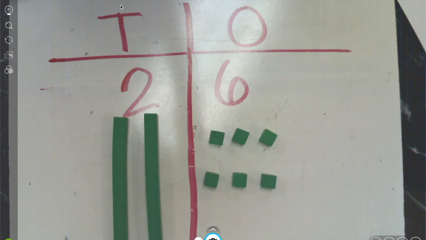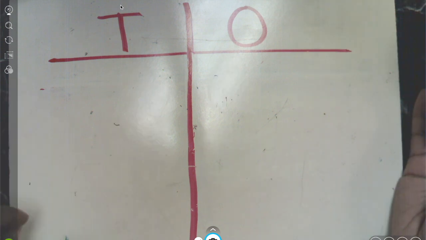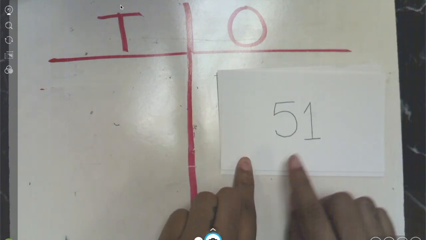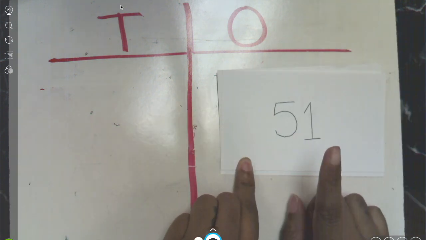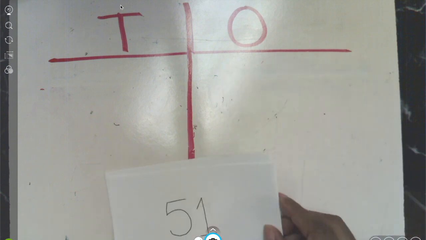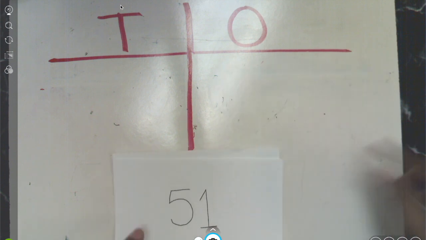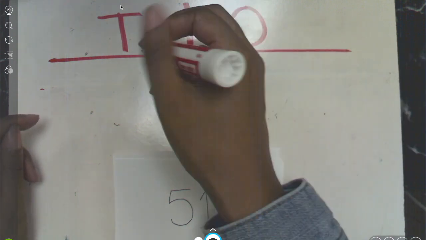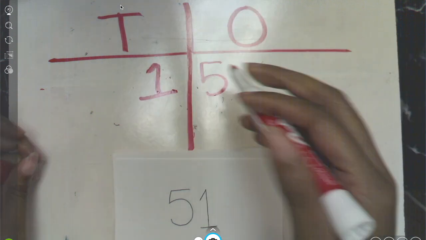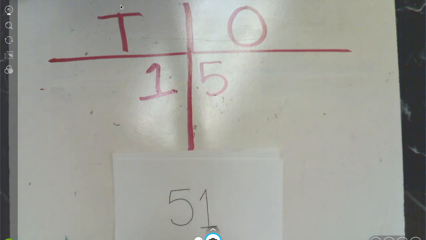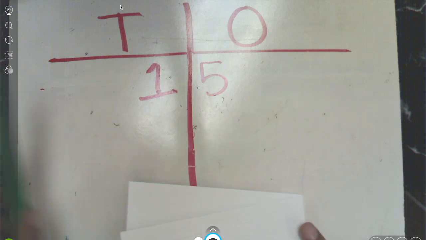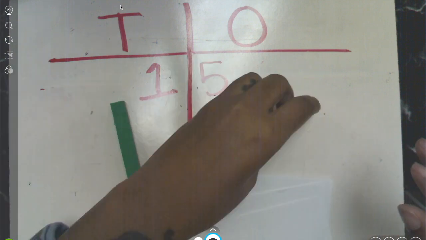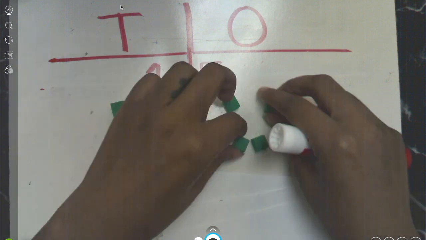Awesome job, rock stars. Okay, so I already have my place value chart written and I have the number 51. So, let's see. I am going to put 5 ones, 1 ten, okay, and then I'll put 1 ten, and then I need 5 ones. 1, 2, 3, 4, 5.